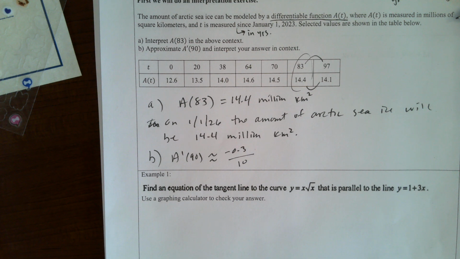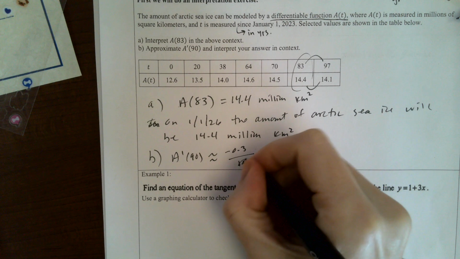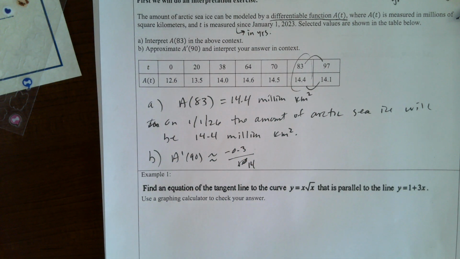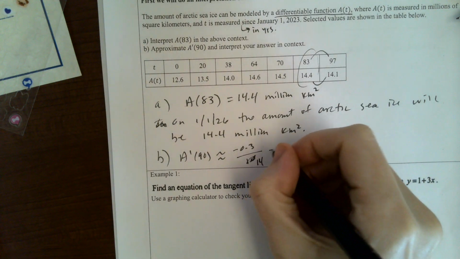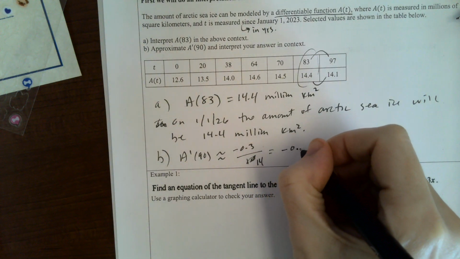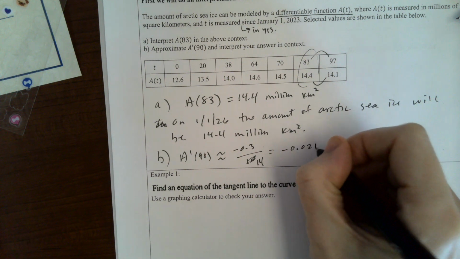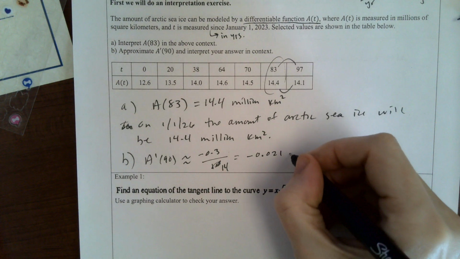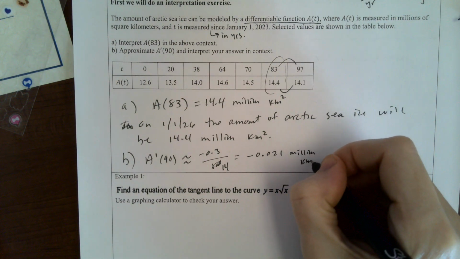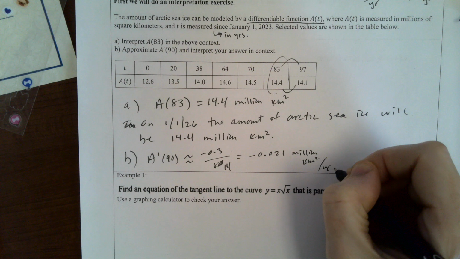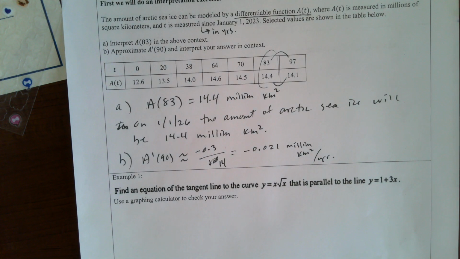Wait, what am I doing? 97, my bad, sorry. 97 minus 83 is 14. Yikes. Okay, so negative 0.3 divided by 14. So I'm getting negative 0.021. We always want three decimal places. And the units here are million kilometers squared per year. Finally we've got an interpretation of a rate where it's negative.